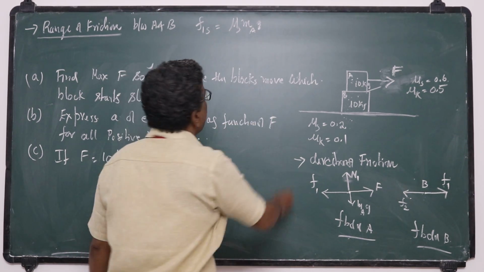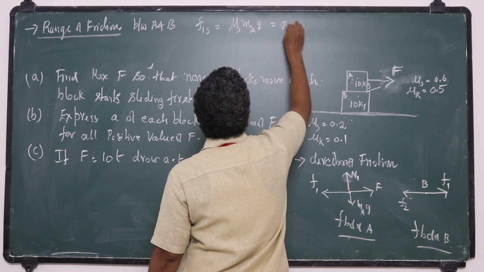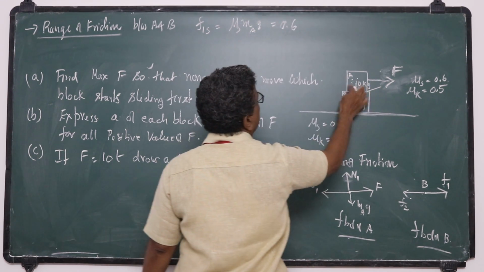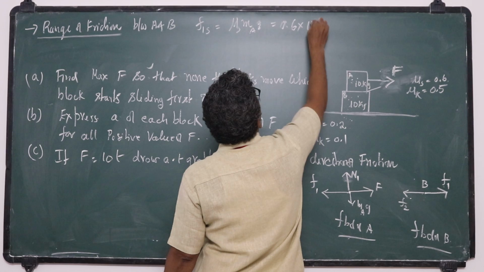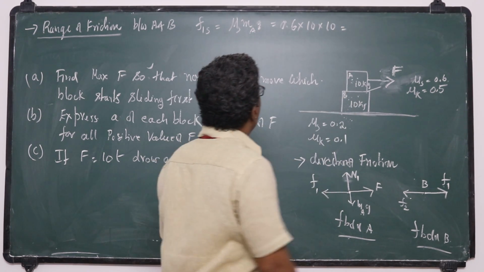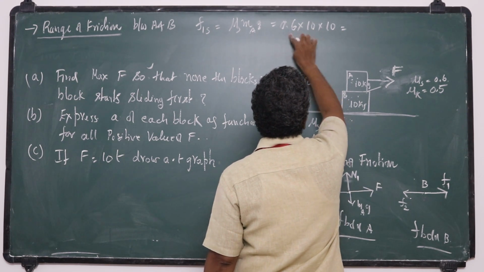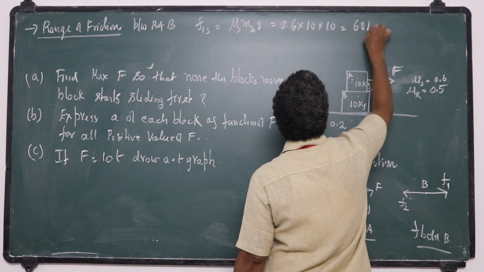What is mu s? 0.6. What is mass of A? 10. g, let it be 10. So it is 6 into 10, 60 newtons.